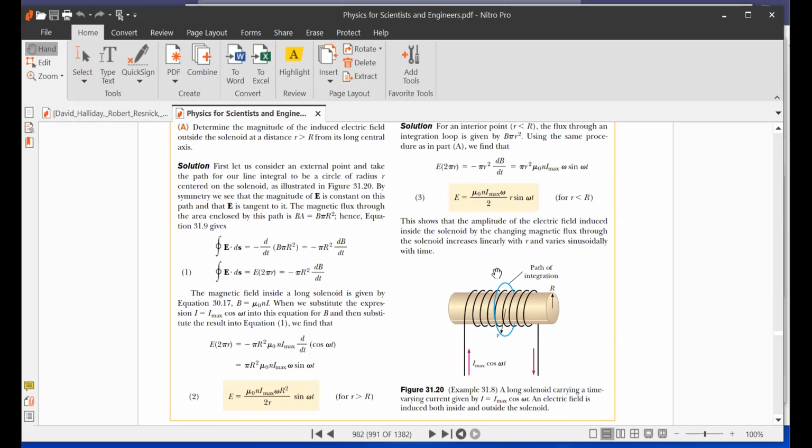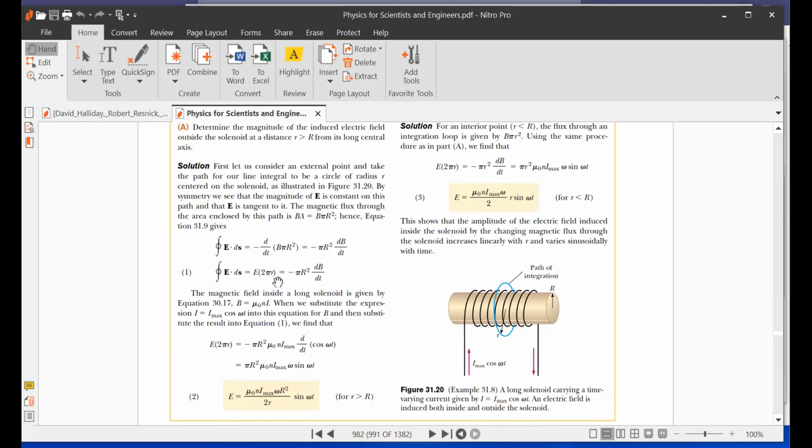The flux is equal to B π R squared, with capital R the solenoid radius.